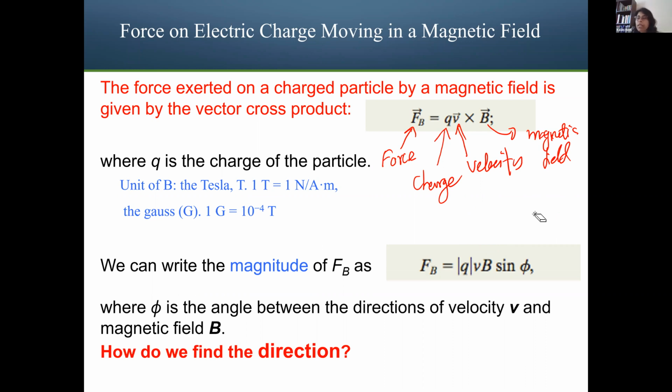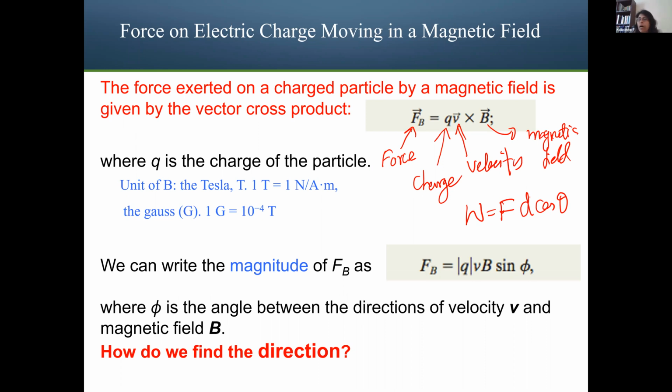One takes the sine of theta and the other the cosine of theta. You remember in work done, we discussed the work done equals force times distance, but we wrote it as force, distance, and cosine of theta, where theta was the angle between F and d.